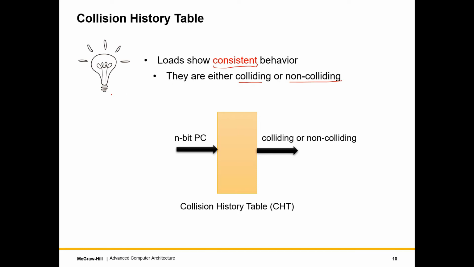So we have a collision history table, CHT, which takes an n-bit program counter, and then it points to an entry, same as a branch predictor. We predict whether it's colliding or non-colliding. And here you can have a single bit or you can have a saturating counter.